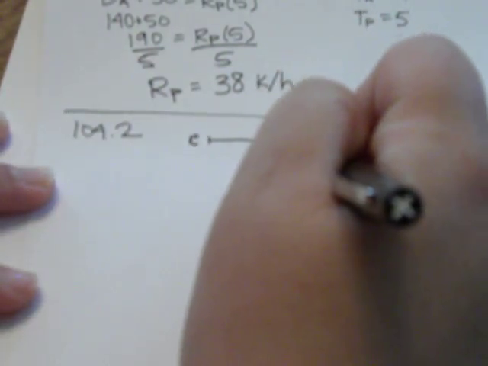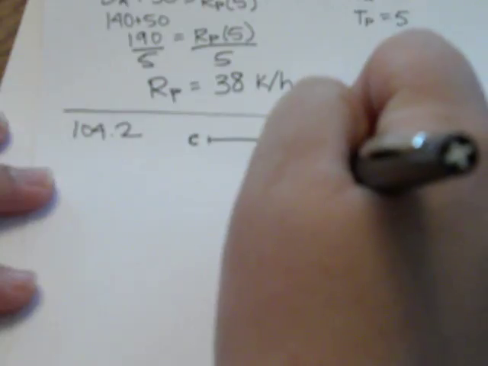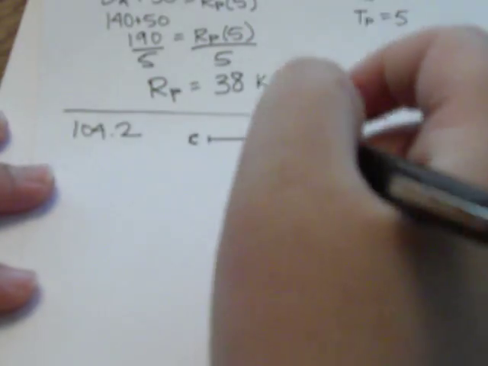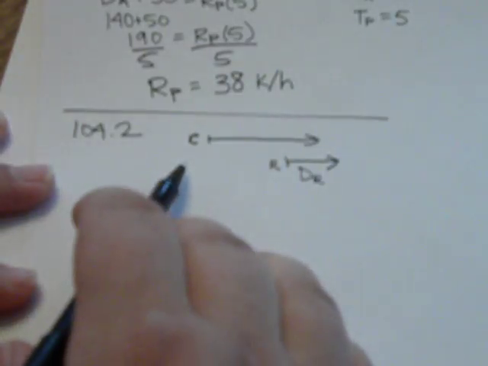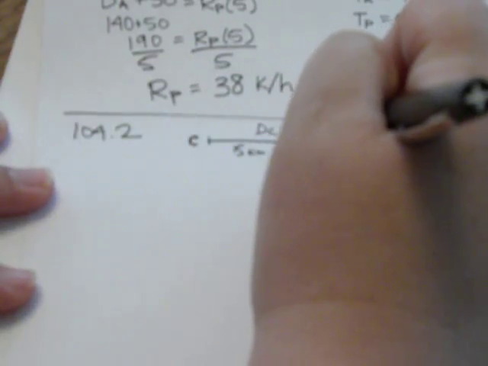They're headed in the same direction, so the distance of Charlene is going to be Rachel's distance plus the 15-kilometer head start. So D sub C is 15 plus D sub R.